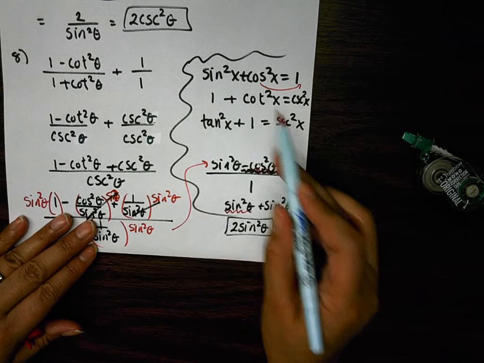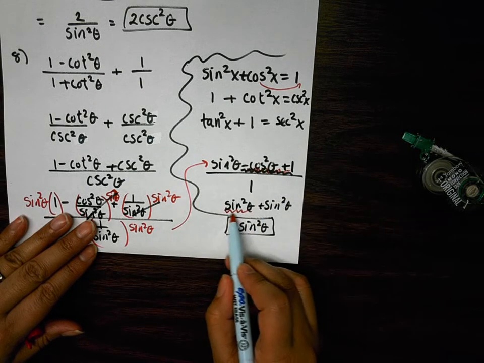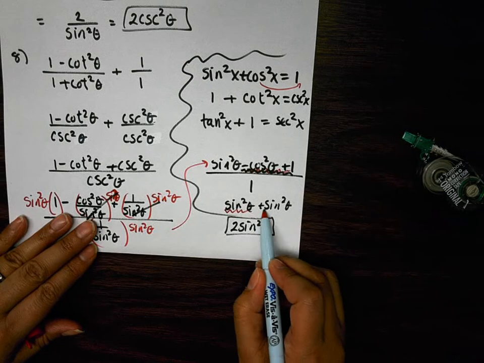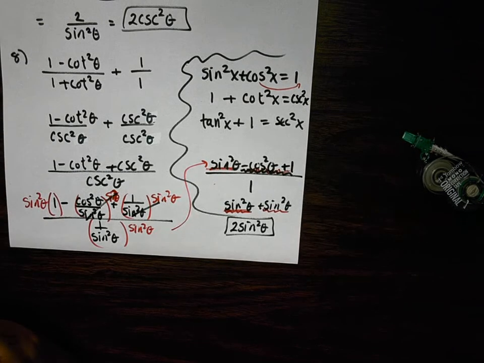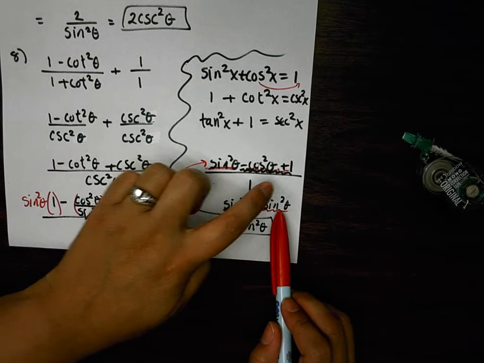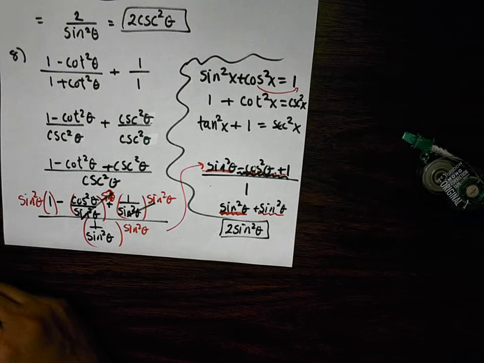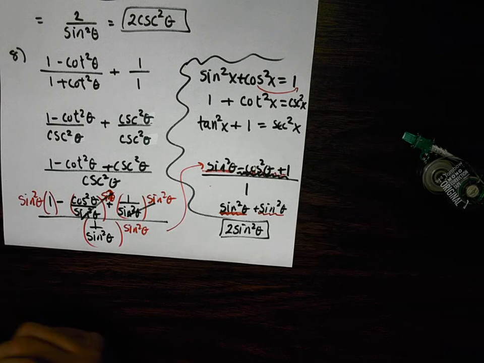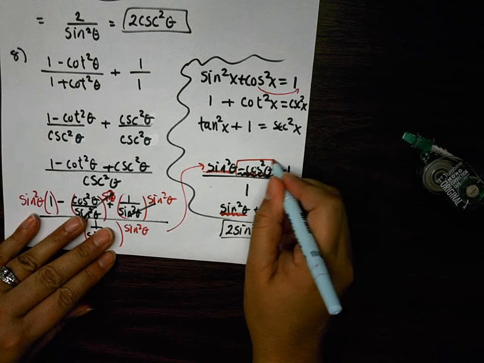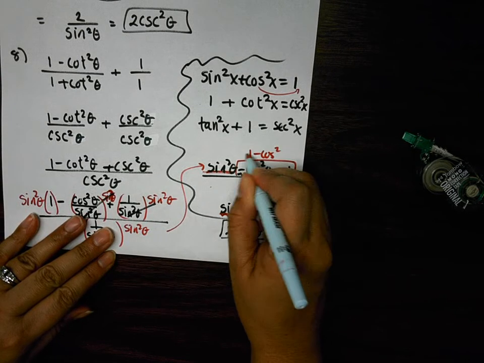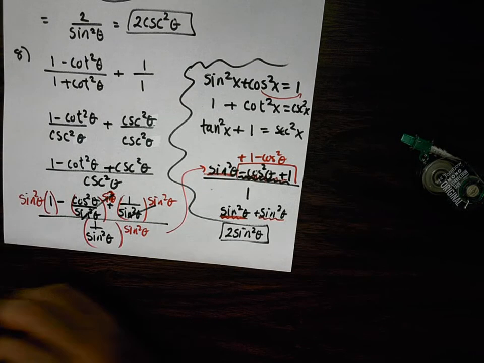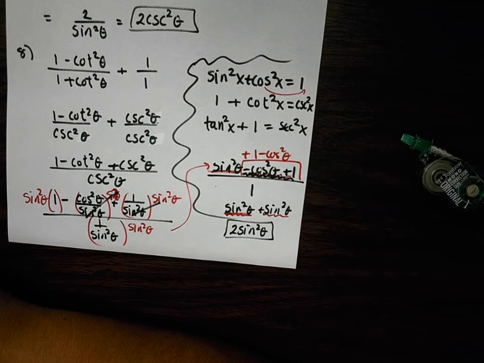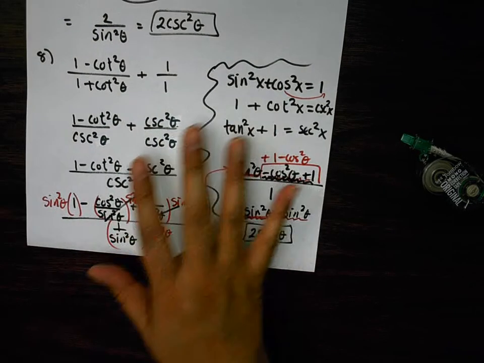If I were to move the cosine squared over, it would be 1 minus cosine squared equals sine squared. 1 minus cosine squared became sine squared. Or this sine squared, that one is that one. Original sine squared, that changed to sine squared. If I were to rearrange this right here, it would be plus 1 minus cosine squared theta. And 1 minus cosine squared theta is positive sine squared theta.